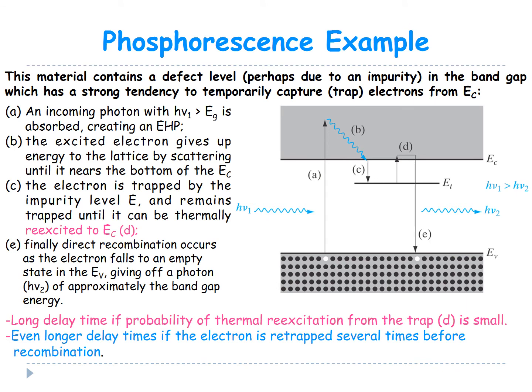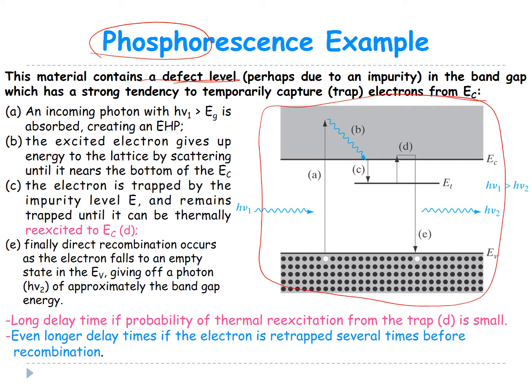So to make a phosphor, you usually require a defect level inside the gap. To illustrate that, we have this example here. This is an example of a direct gap semiconductor that contains a defect level, perhaps due to an impurity in the gap.